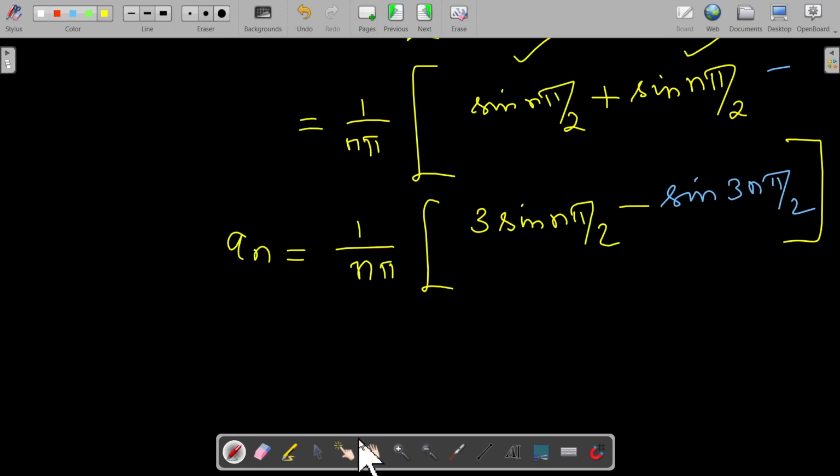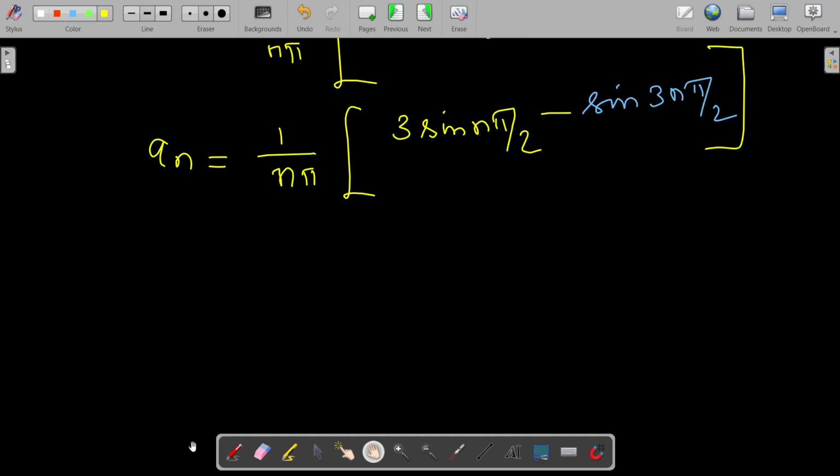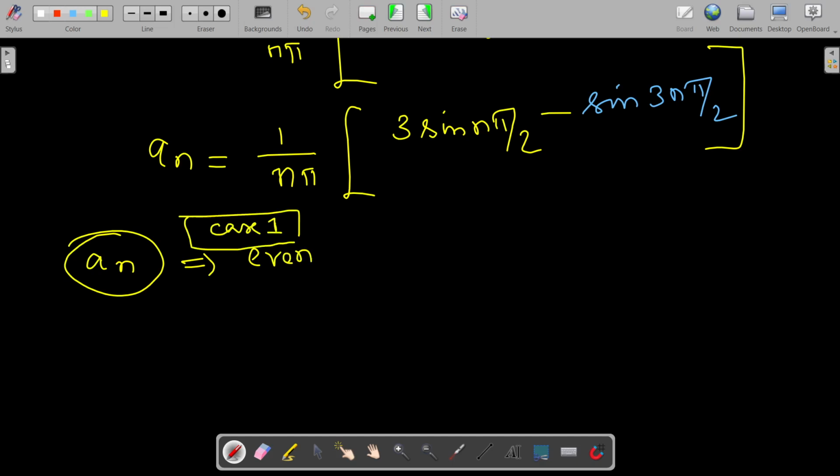Now the thing is, we have to look for the actual value of this an, right? So we are going to find out the coefficient values. For that, we take it as even and odd values. So we can consider first the even value. This is case 1. You consider even values.